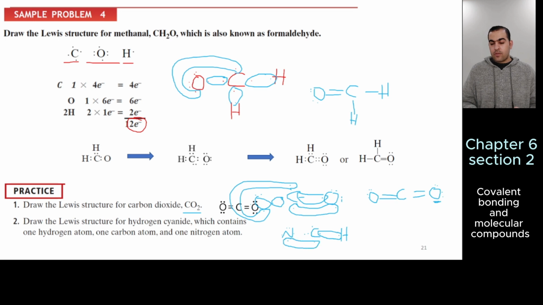Nitrogen also must make 3 bonds. So these two make a bond, these two make a bond, and these two make a bond. So it's going to be a triple bond between carbon and nitrogen. Don't forget the lone pair, and it will be like that. Okay, that's it.